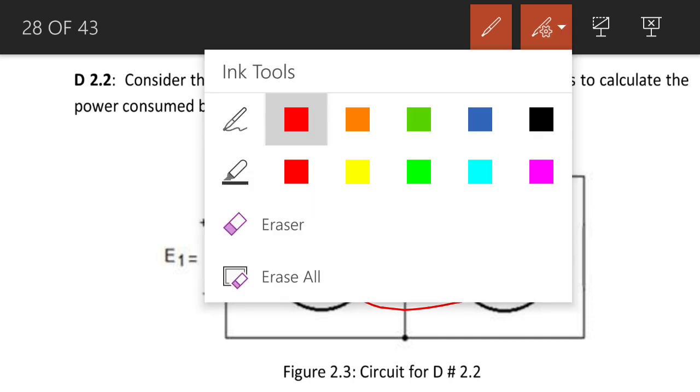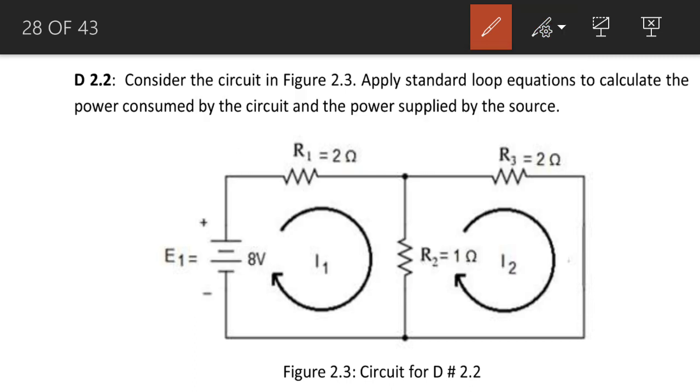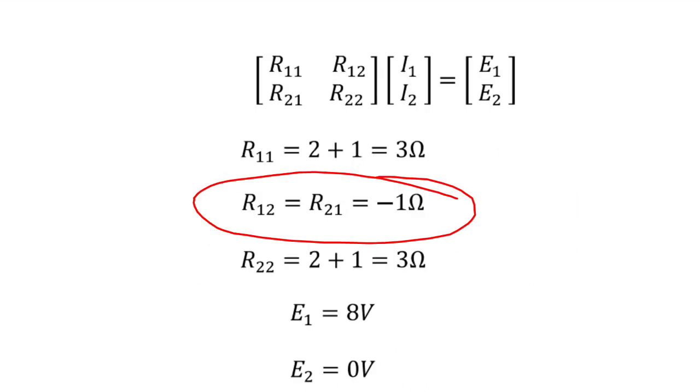And the two loop currents are in the opposite direction in this resistor. So definitely there will be a minus sign with the resistance of this resistor. So R12 as well as R21 is minus 1.